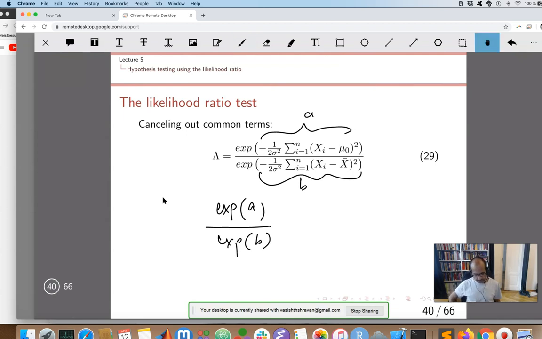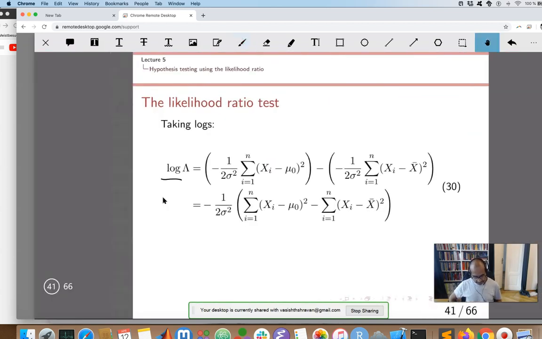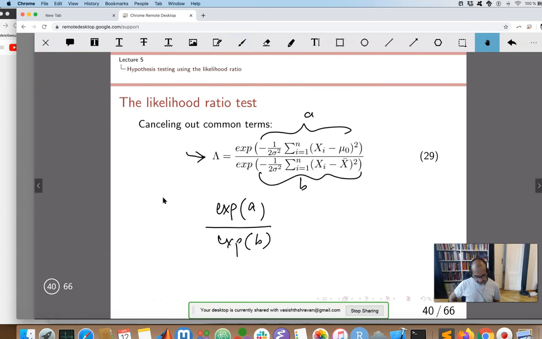Instead of talking about the likelihood ratio, we can talk about the log of that likelihood ratio. So we can just take the log of this. When we do that, any exponential will cancel out if I take the log.